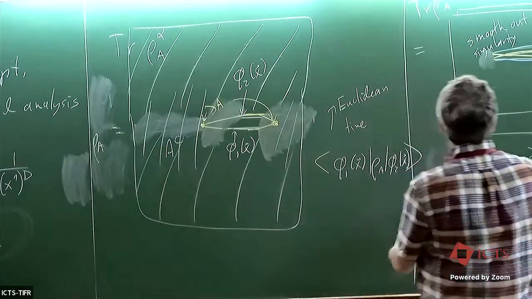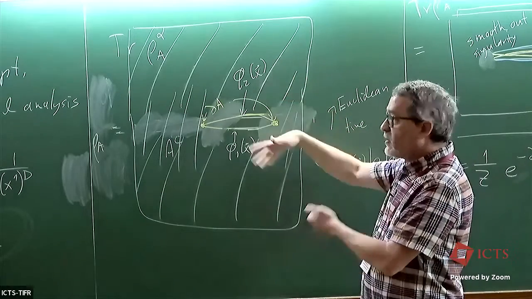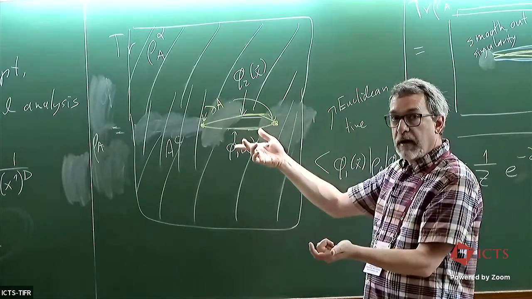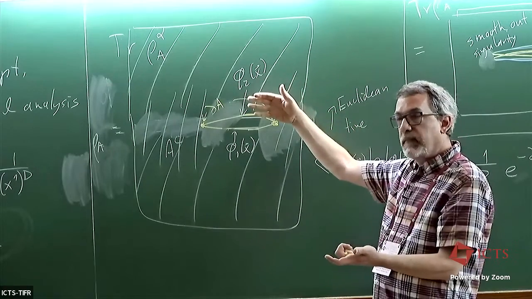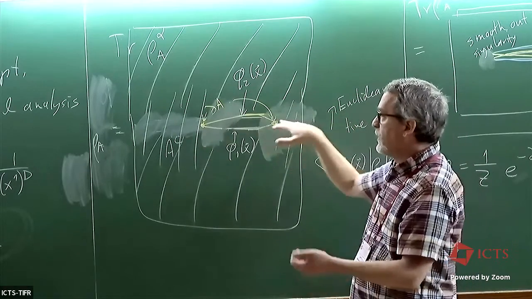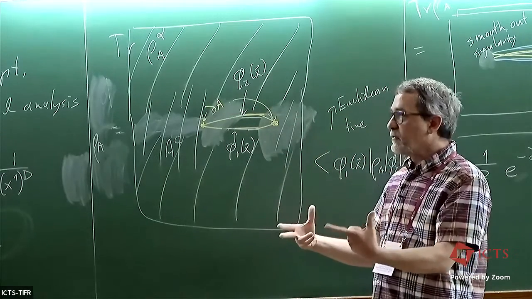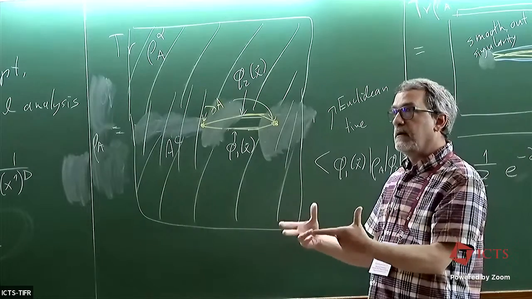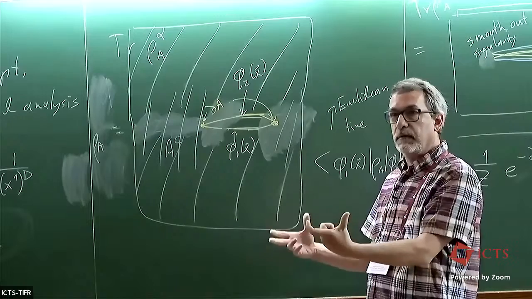And to compute trace rho squared, you take two copies and glue them together, okay? And so you just get a two-sheeted Euclidean spacetime with a conical singularity on your entangling surface. And now your job is to compute that partition function. I mean, that Euclidean path integral on this particular manifold, okay?